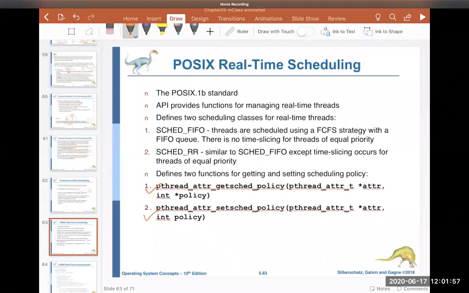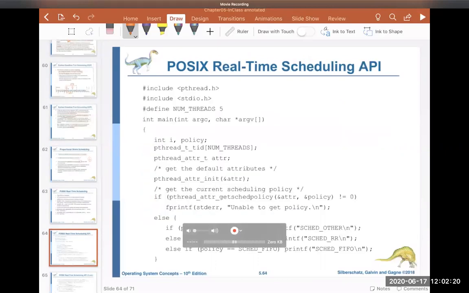One is SCHED_FIFO, another is SCHED_RR (round robin), and then there is SCHED_OTHER if we want to schedule using a different algorithm. These are the functions we can use to set and get the policy. Let me show you if I can.